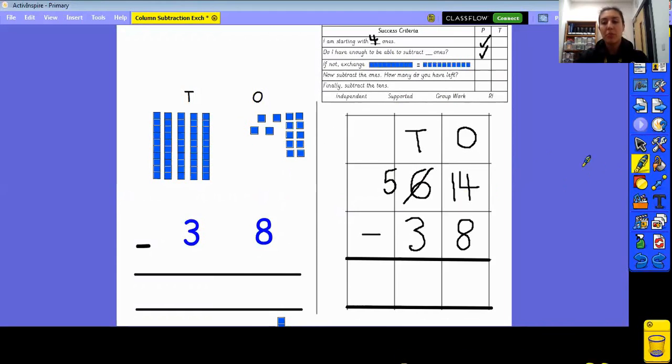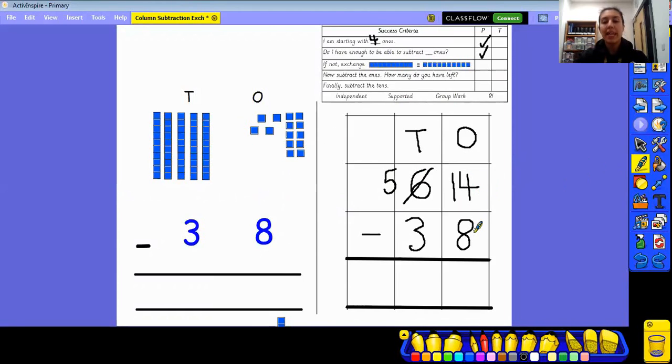Now 14 is much bigger than 8, so I've actually got plenty to be able to subtract 8. So let's get rid of these 4 first. And then I need to take away 4 more, which leaves me with, that's right, 6 ones. And now that I've calculated how many ones I've got left, I can now move on to subtracting my 10s.